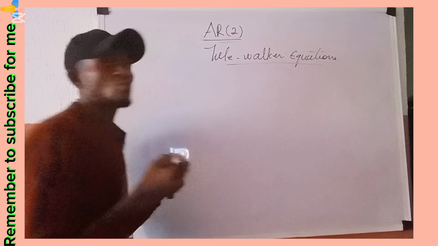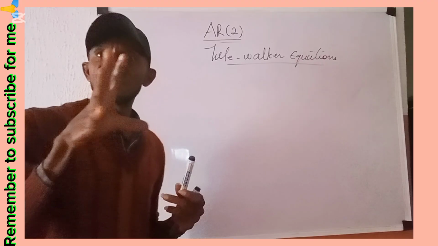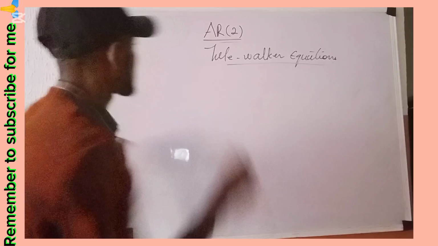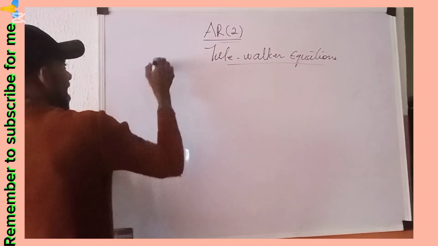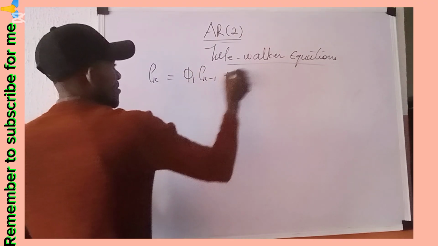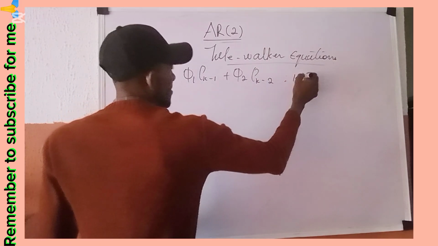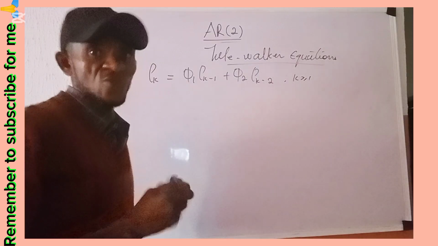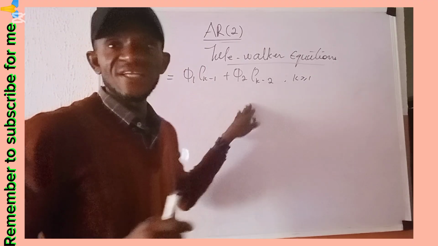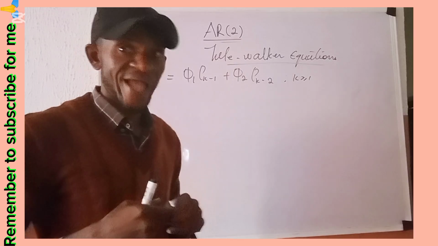To obtain the Yule-Walker equations, you need to write your formula for the autocorrelation function of AR of order 2, which, like we earlier had shown, is rho k equals phi 1 rho k minus 1 plus phi 2 rho k minus 2, for k greater than or equal to 1. We obtain the expression at k equals 1 and at k equals 2, and whatever we have as the answer is what we call the Yule-Walker equations.